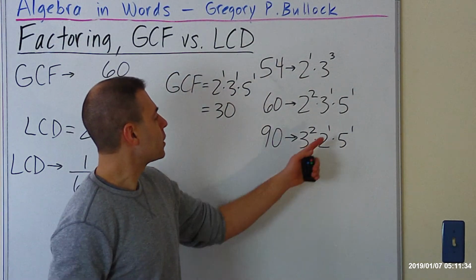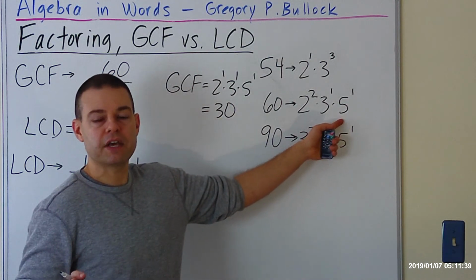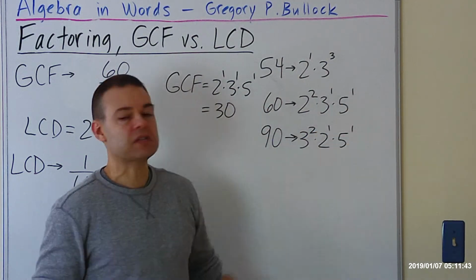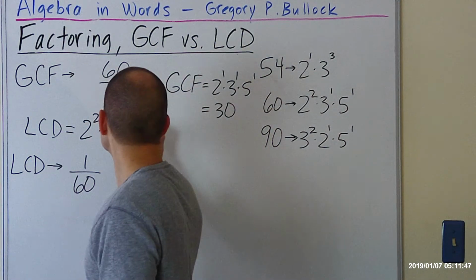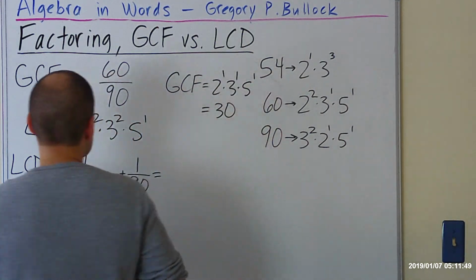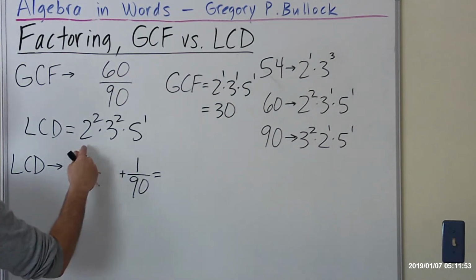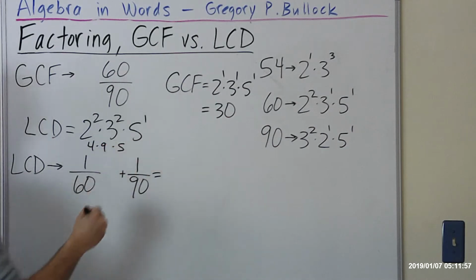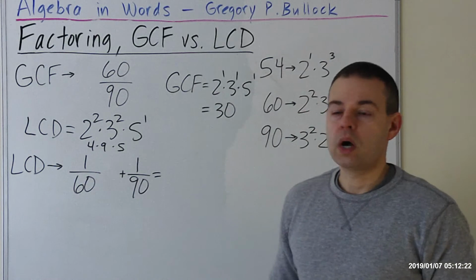And finally, if we look at the 5s, well, this one has 5, so we're automatically going to take 5 no matter what. But since they both have 5 and both have the same exponent, we're going to take the highest, which is 1. Okay, so if we multiply these together, 4 times 9 times 5, we get 180.